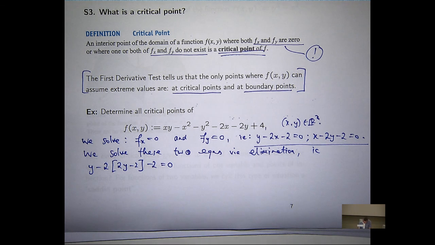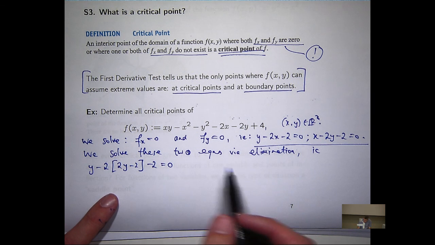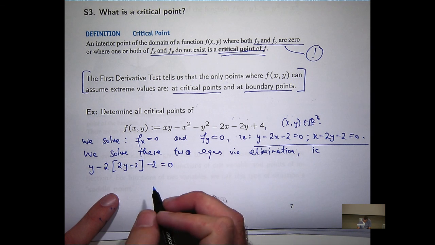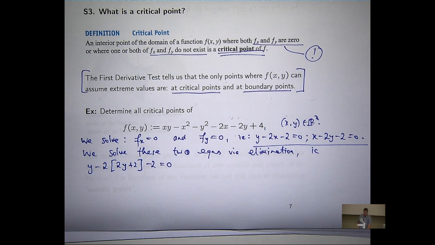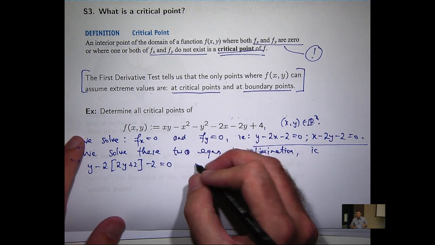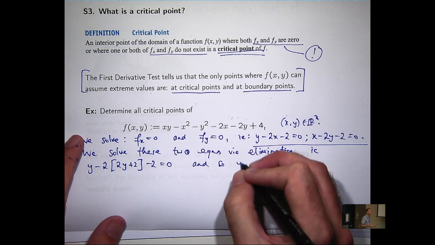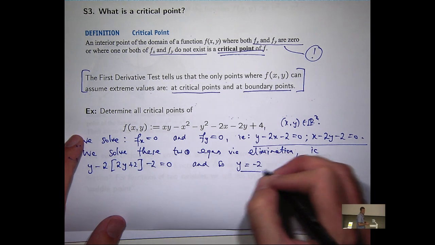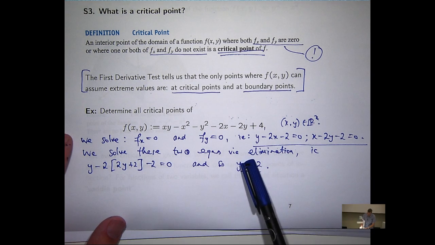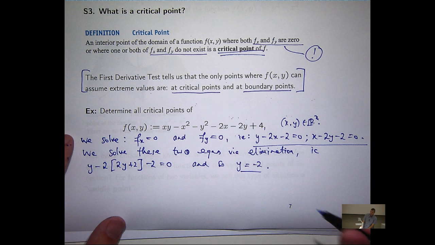How about, yeah, it should be a plus 2, right? So, plus 2, yes, thank you. Okay, so solving that, then I'll get some value for y. So I can back substitute that into one of those equations.